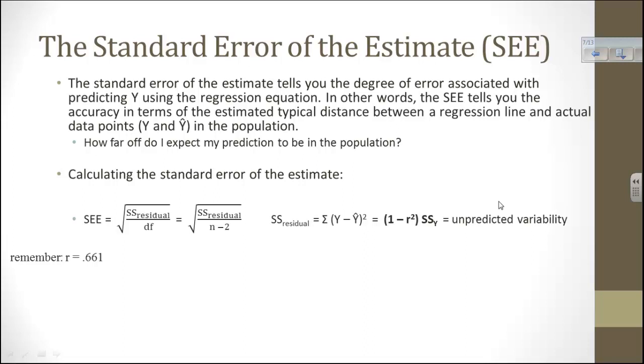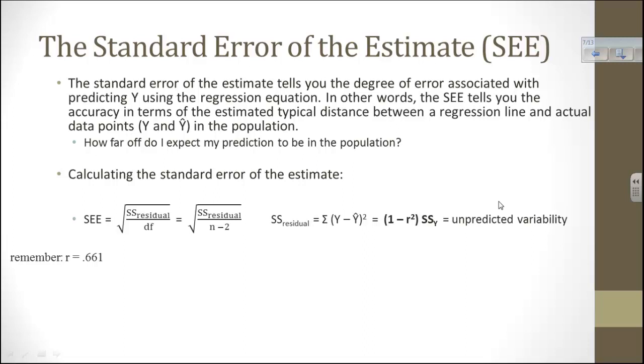So again, it's kind of like a standard deviation in terms of the spread of dots from the regression line. And not just the raw spread in dots, but the spread you would expect to see in the population. So again, although the amount of error will vary from point to point, so some data points in your scatter plot will be farther away from the regression line, some will be closer. On average, the errors will be directly related to the magnitude of the correlation.